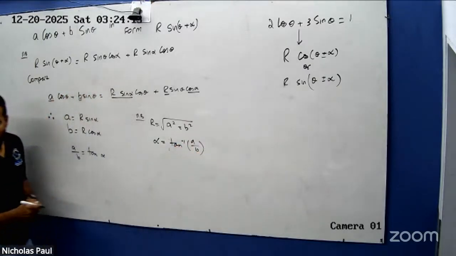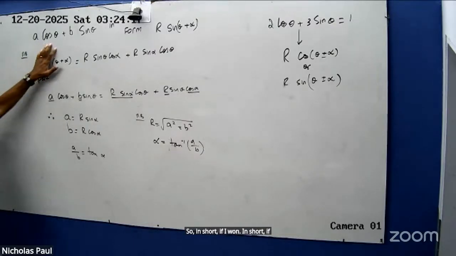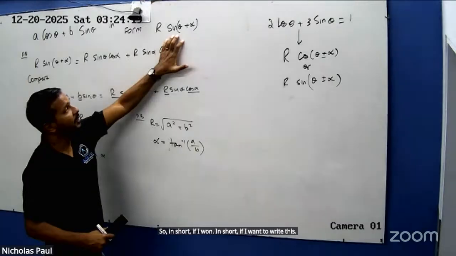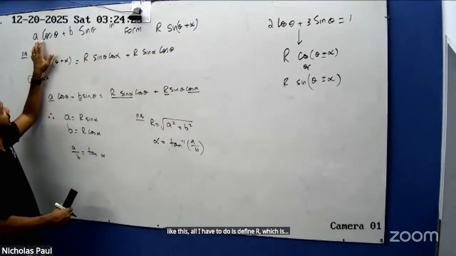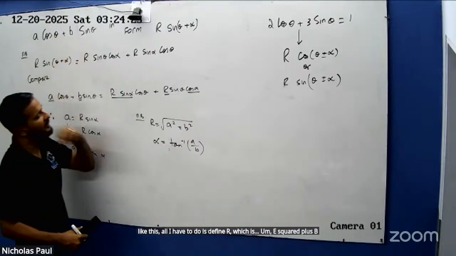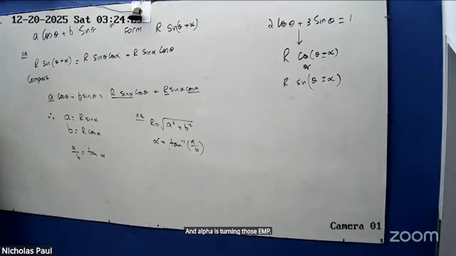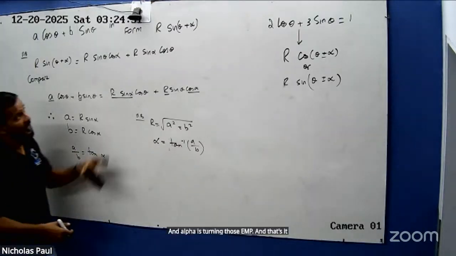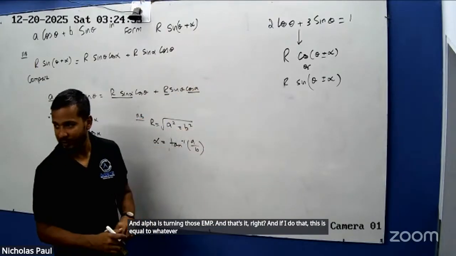So in short, if I want to write this like this, all I have to do is find R, which is the square root of A squared plus B squared, and alpha is tan inverse A on B. And that's it. And if I do that, this equal to whatever value is very easy to solve.